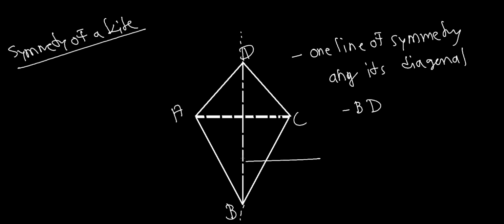So the line along the diagonal of a kite is the line of symmetry. What this means is this line cuts the kite into two identical halves, making it a symmetrical figure, and the line itself is termed a line of symmetry.